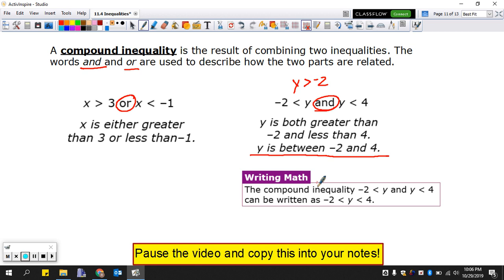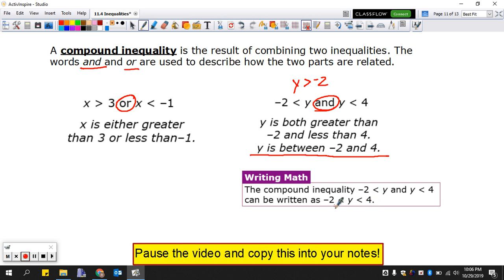Usually the way that we write that is we use the smallest value on the left, the negative 2, put a less than or equal to, whichever way it is, and then you put your variable, and then you put your less than symbol again, and then put your larger value.